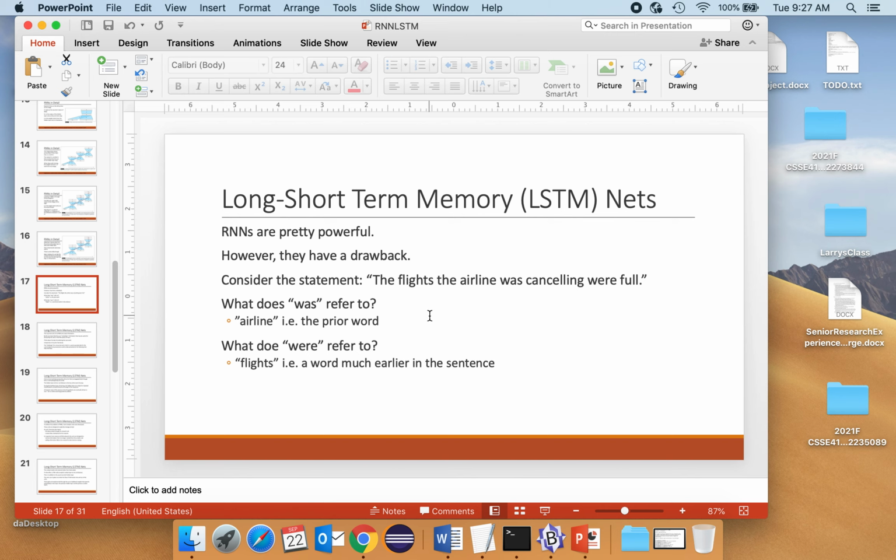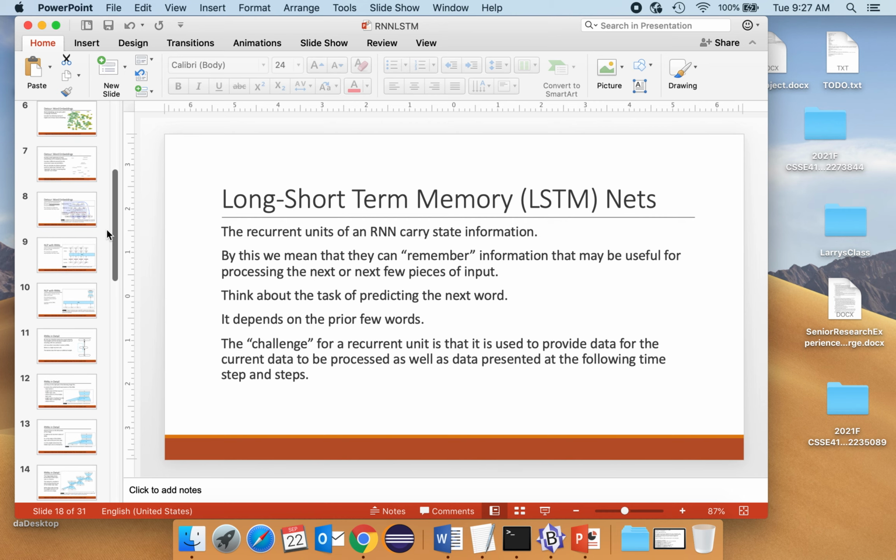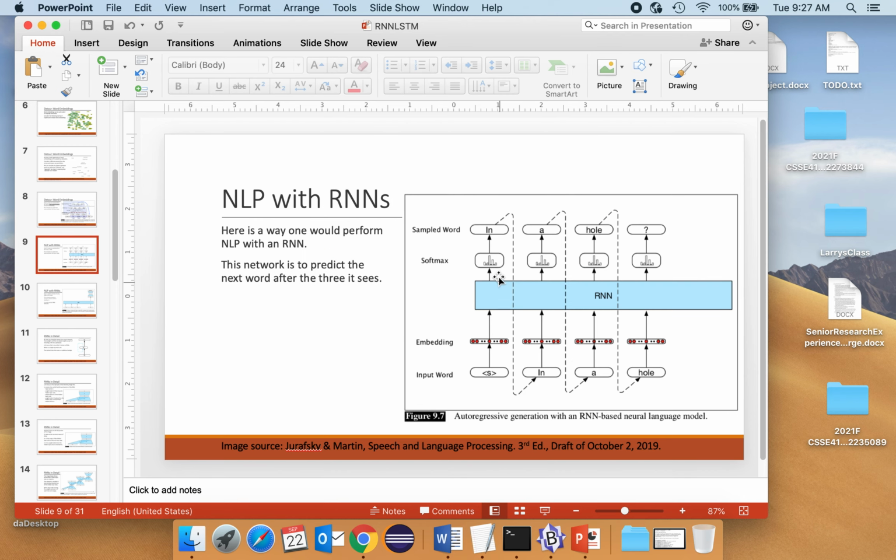So for LSTMs, we need to add some context. Again, the RNNs do carry state information in the sense that they can remember information that may be useful. We have shown that over here, where we keep some information that might be handy to predict the next word.